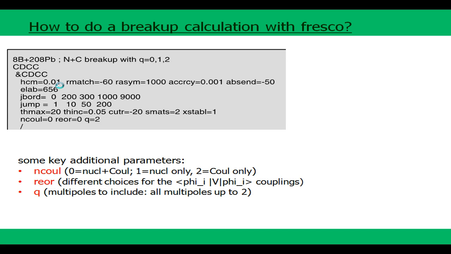Finally, multipoles. Q has to do with the order of the multipolarity. Remember, we always expand our interactions in multipoles, and so there's a truncation at some point. And in this particular case, it's everything up to 2. And you can test, of course, this is another convergence check. In your reaction, you may need to include more. It depends on the reaction.